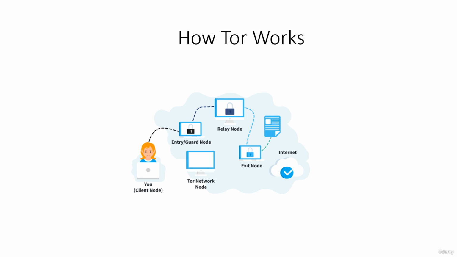The traffic is heavily encrypted, then decoded one layer at a time as it goes through different nodes. This means that whoever is trying to identify you based on your online traffic will just stumble on the last server your data traffic passed through, which is the exit node.